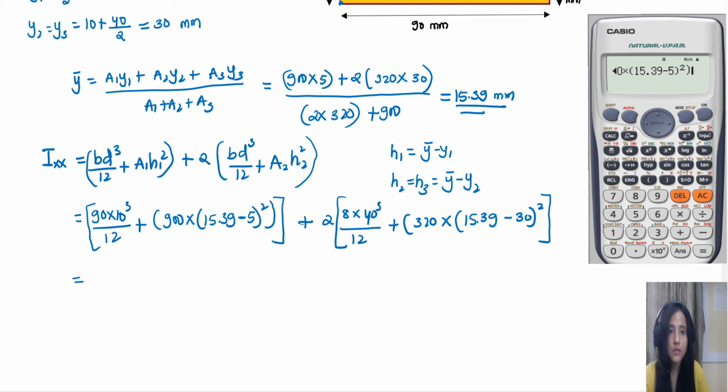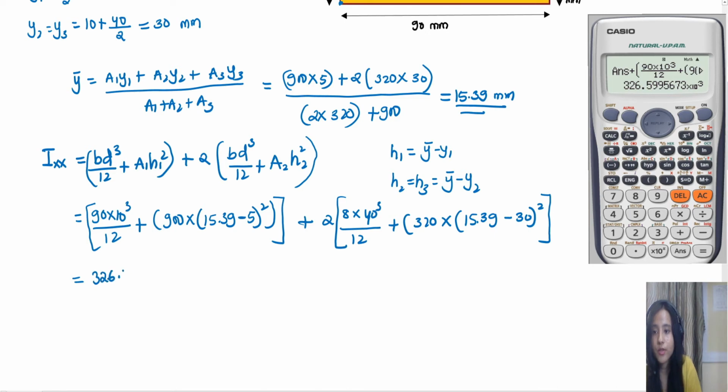So I'm getting, this one is coming equal to, so altogether I'm getting 326.59 into 10 raised to power 3 mm raised to power 4.